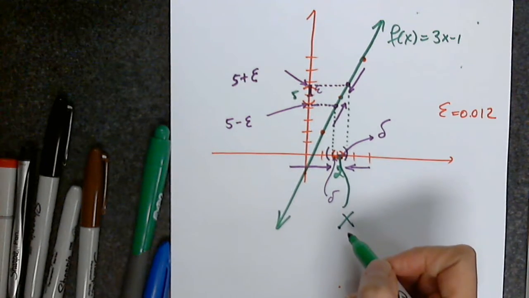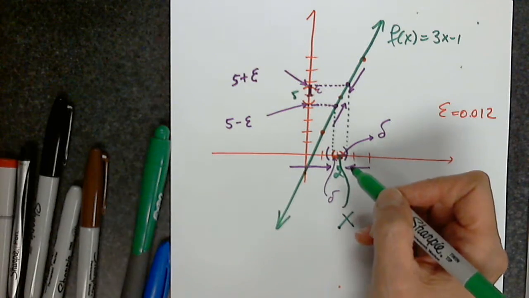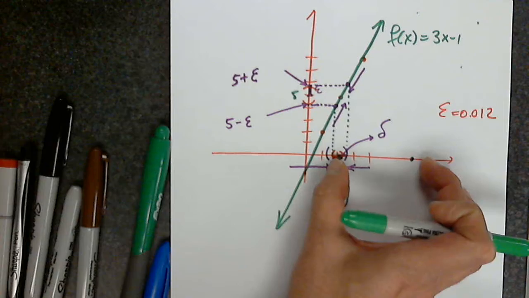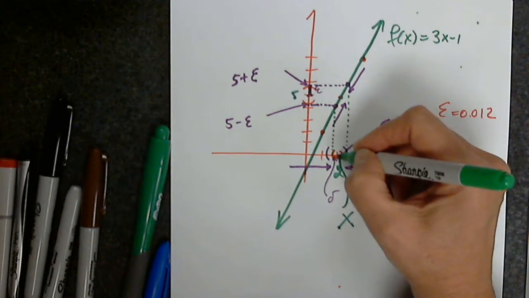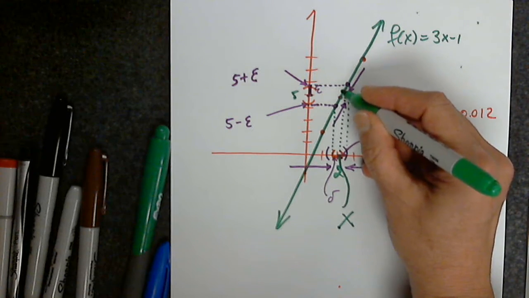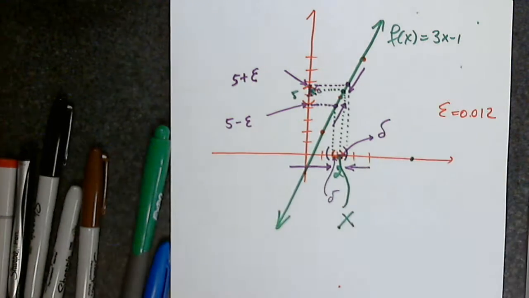So every time I pick x close to 2, not further away than delta, because I cannot pick here. This is way bigger than delta. I have to pick close to 2, not more than delta. f of that x will fall within epsilon of 5.